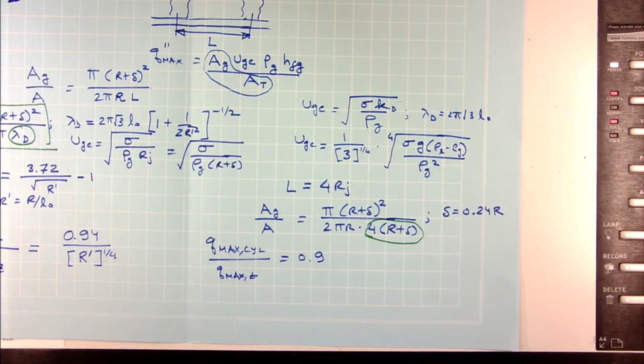So then the question is, at what point do I call a cylinder a large cylinder and at what point do I call a cylinder a small cylinder, right?